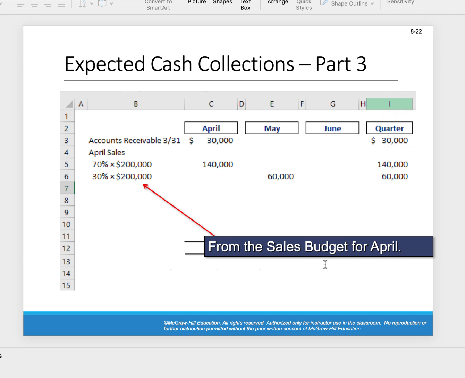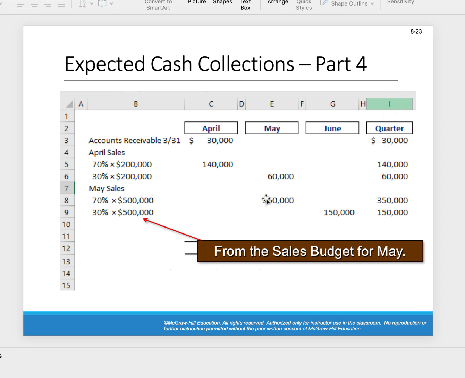So that's how we get the $140,000. That's 70% of April sales. Well, there's still 30% left, right? 30% of 200 is $60,000. When am I going to collect that other $60,000? I'm going to collect that in May.